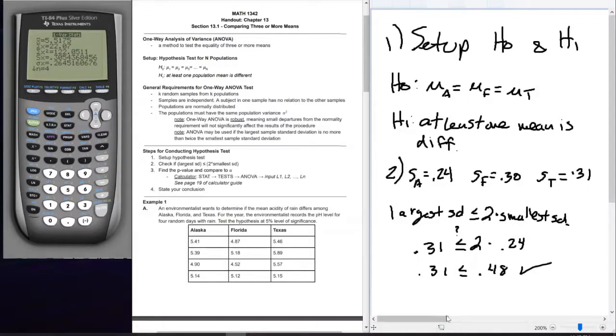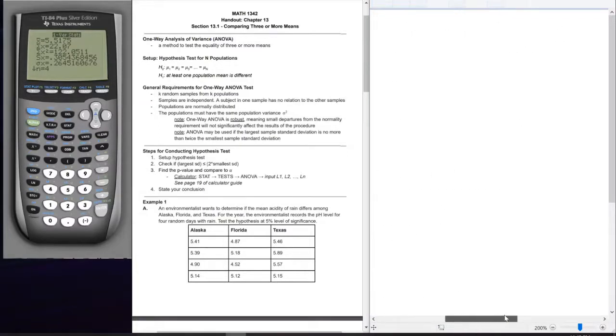So step 3. There are several ways to conduct an ANOVA test as far as evidence goes. If you recall in chapter 10, we had to gather evidence to support our claim. Our claim is the alternative hypothesis that at least one population mean is different.